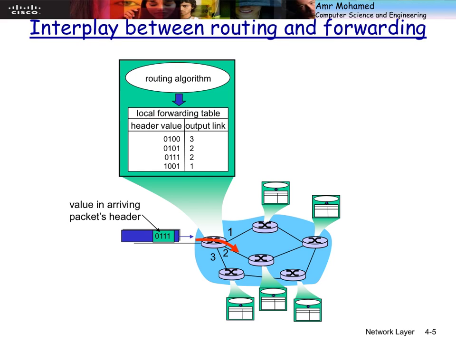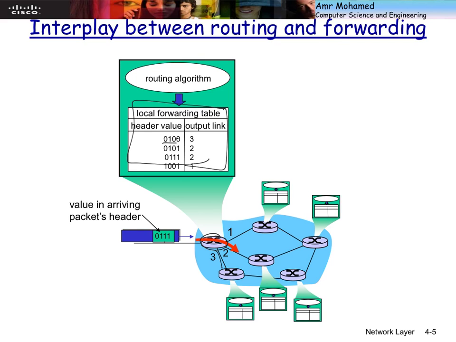Forwarding talks about the fact that in each router, you have some kind of a table that tells you that if you have this destination address in the packet, then you should go to output link number 3. So this is forwarding.